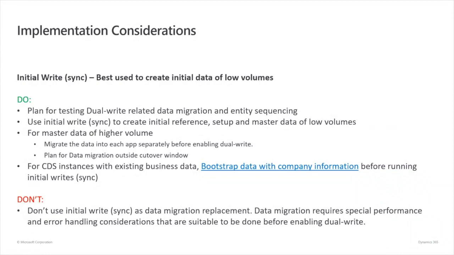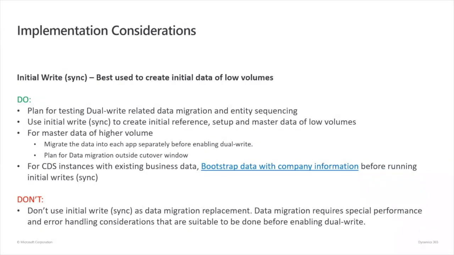Because this becomes a typical data migration exercise, there is the typical wisdom that goes with it: plan for your data migration outside the cutover window to avoid being in a time crunch. That also means we encourage you to plan for testing any dualwrite related data migration and entity sequencing ahead of the cutover before you go live, to make sure you have that properly covered in your cutover scenarios as well.